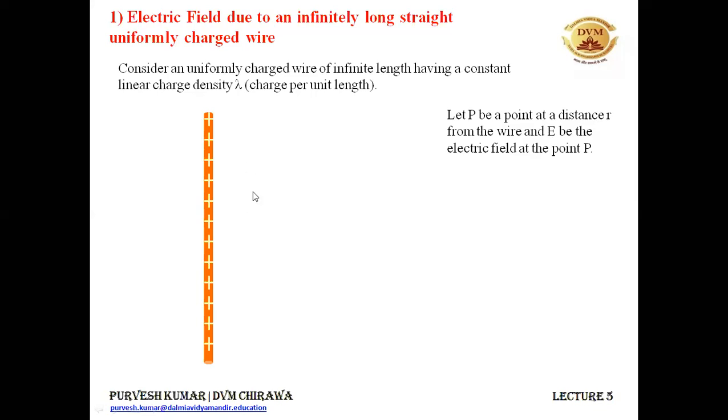Earlier we were finding the electric field because of discrete charges, but now we are given a straight wire with charge present all over it, and because of that charge distribution I need to find the electric field at a point P which lies at a distance R from it. So you can see it, this is my point P, my point of interest, situated at a distance R from this wire.